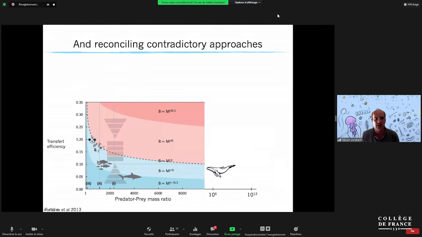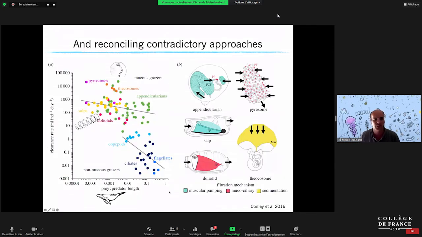But what is also very interesting there is that we can reconcile a contradictory approach, because what we observe is actually that we have this biomass of gelatinous plankton. And if we get more information about, let's say, the predator to prey size ratio, those gelatinous filter feeders are nearly at the same level as, or encompass, the size differences that we get for whales, while still having very high clearance rates.